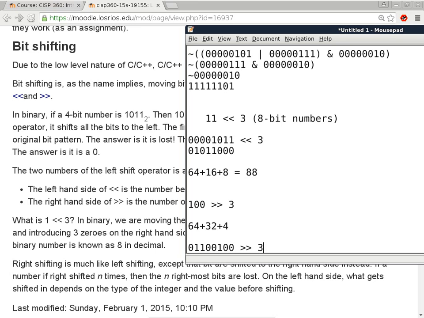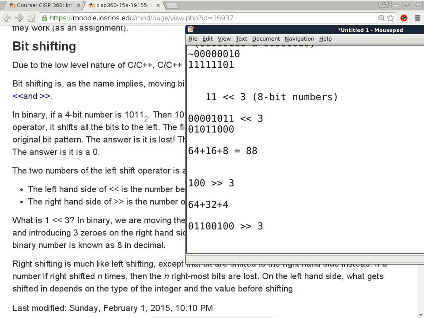So that's how I come up with a binary number, and we want to right shift this number by 3-bit positions. Right shifting is kind of the opposite of left shifting. We look at the 3 least significant bits, which are these 3, and we toss them away because they will be shifted out of the number. So what are we going to do with the other 5 bits?